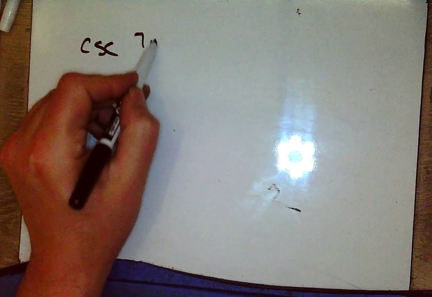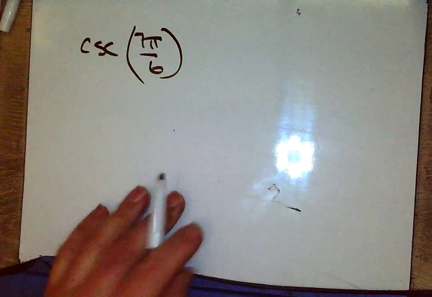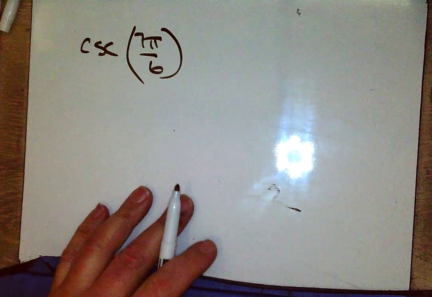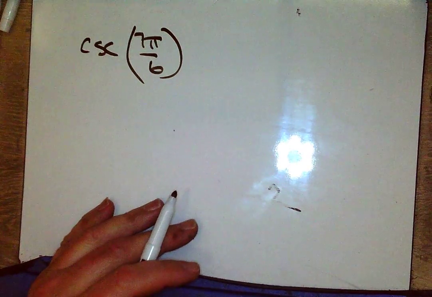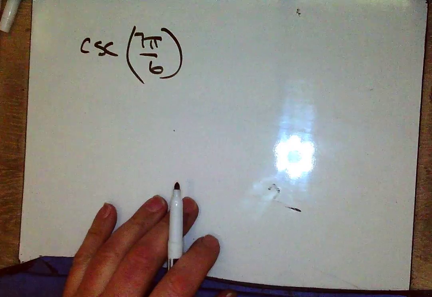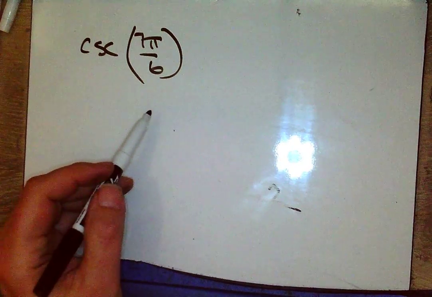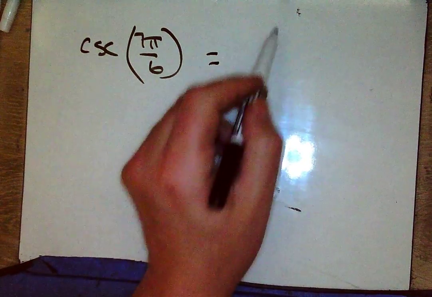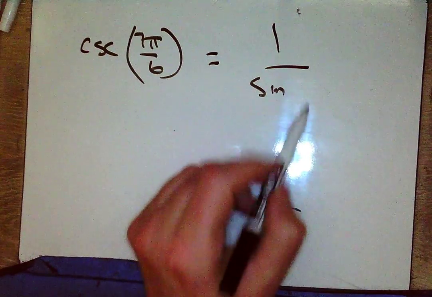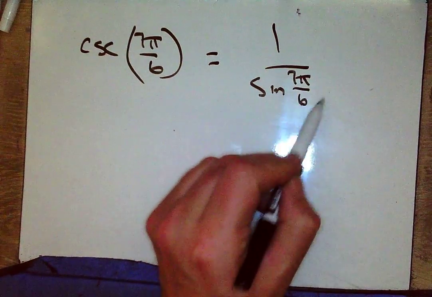How about the cosecant of 7 pi over 6? 5, 4, 3, 2, 1. Well, I know this is the same as 1 over the sine of 7 pi over 6.